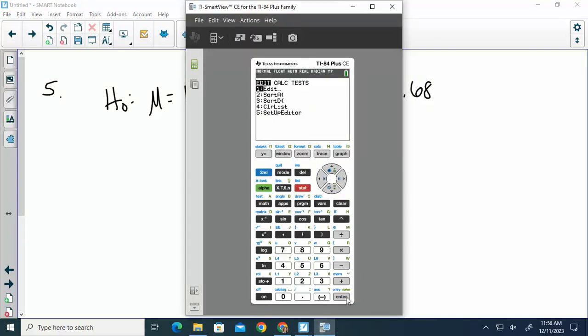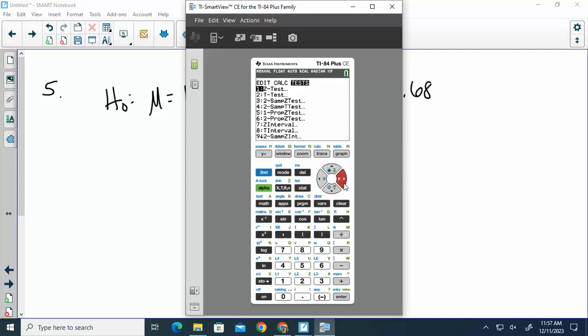We go into our data, we enter everything in L1. Hopefully I entered them all correctly this time.